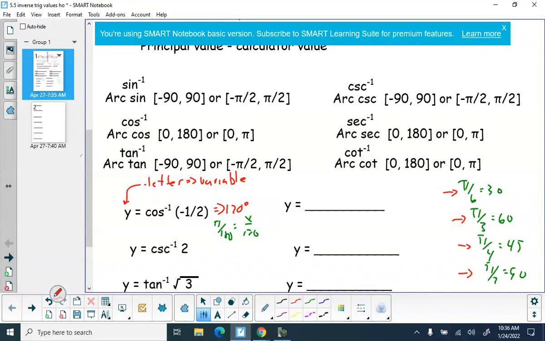Can I multiply any of those values by a specific number and get 120 degrees? Yeah, we can multiply 60 by 2. If we multiply this by 2, we get 120. But what we do to one side, we must also do to the other. So we're left with 2 pi over 3.